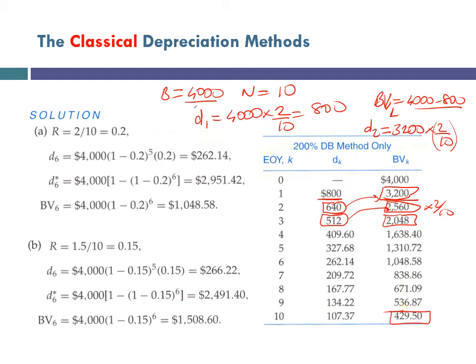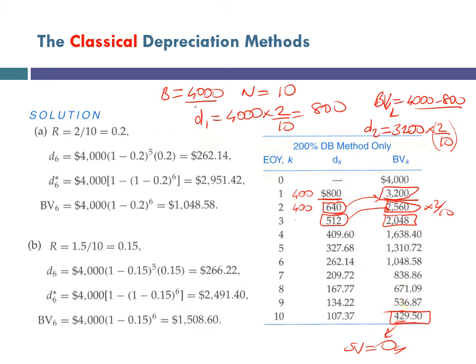As you can see, at the end of the 10th year, the book value remains at 429. But remember, in this example, the salvage value was equal to 0. When you use the declining balance method, you see the book value is not 0. Remember, what was the amount of depreciation in the straight line method?